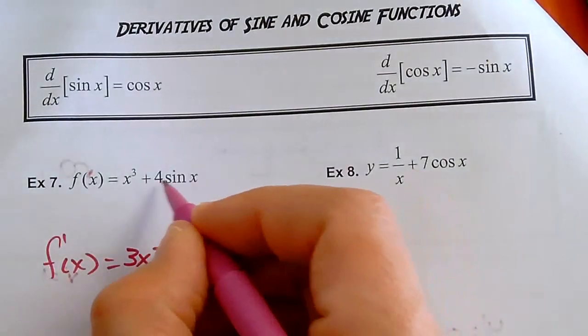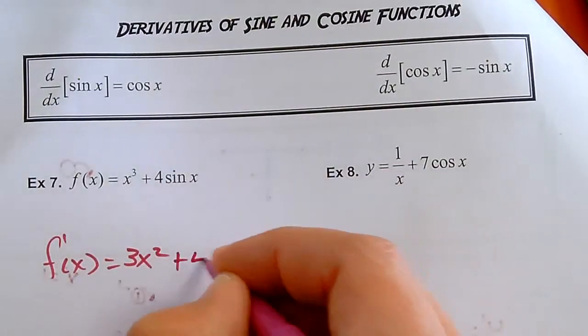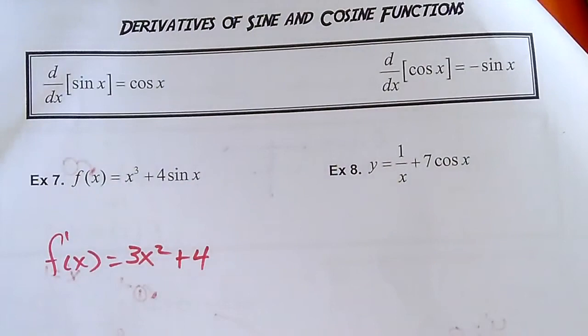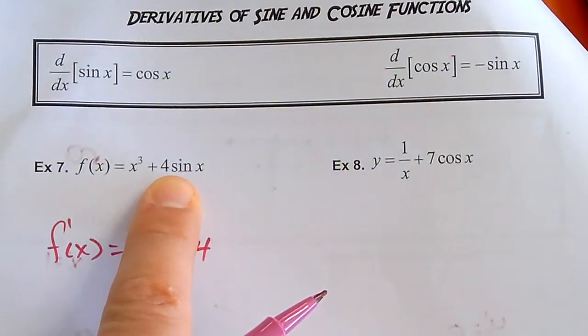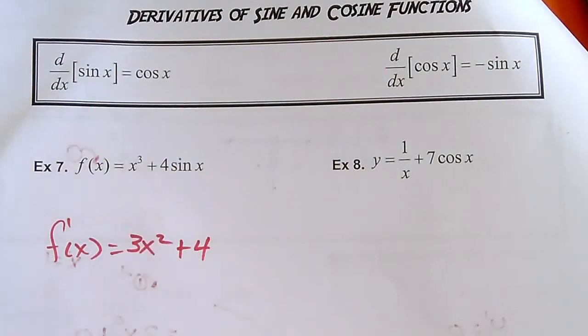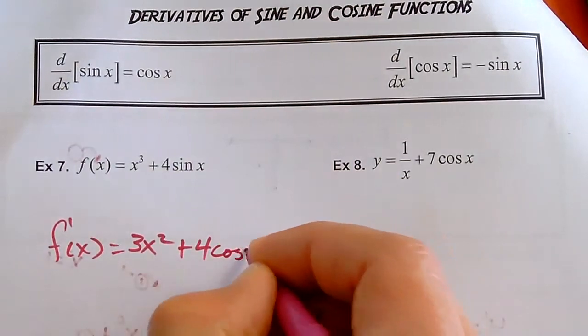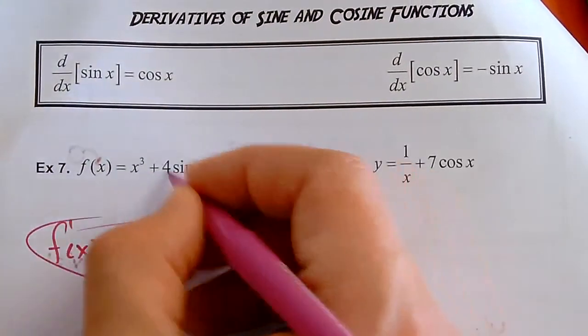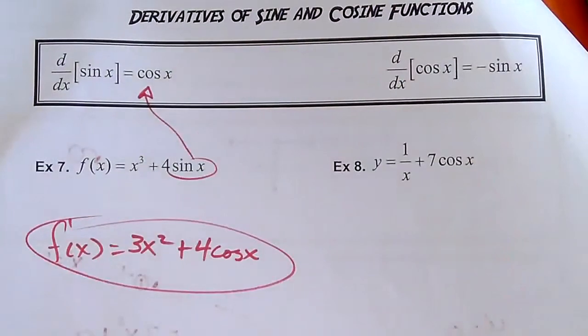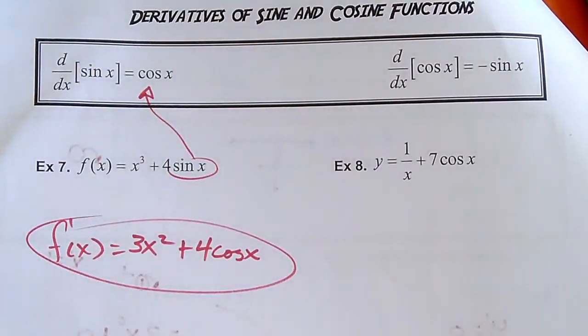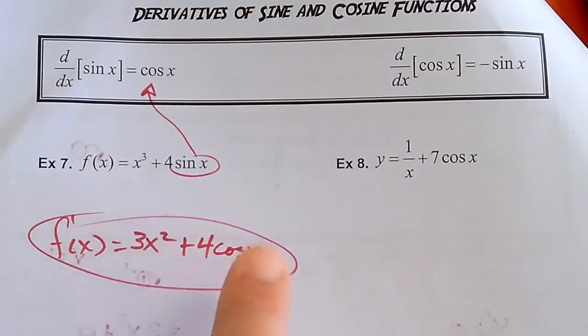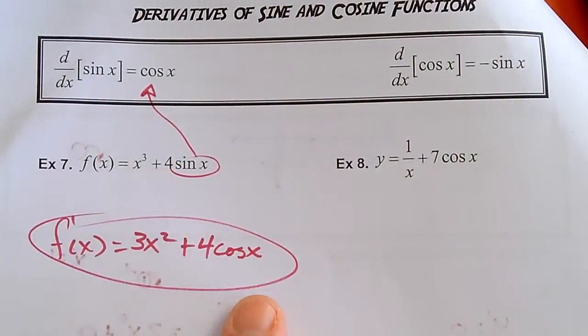And then I have plus 4 sine of x. Well, we got 4. And then what's the derivative of sine of x? Cosine of x. So that's how we got that part. And then that's it. So it's basically doing the power rule, and then just remember what the derivative of sine of x is. It's cosine.